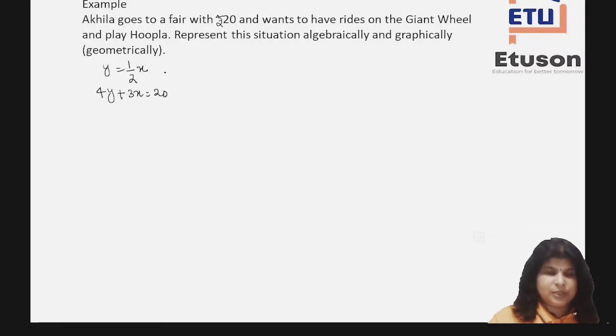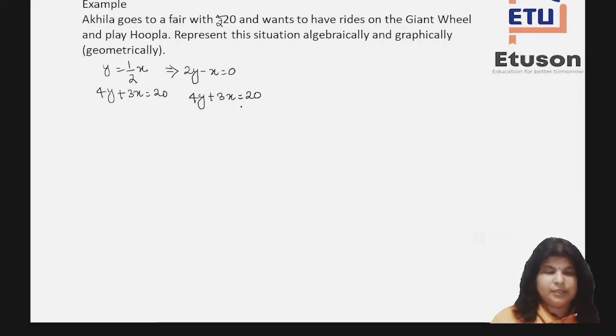So these were two equations. This can be simplified, and you will get 2y minus x is equal to 0, and here 4y plus 3x is equal to 20.